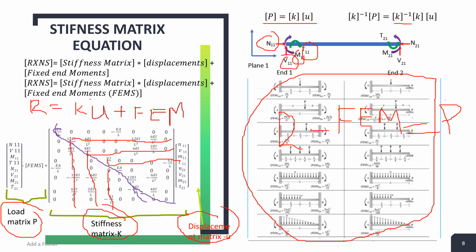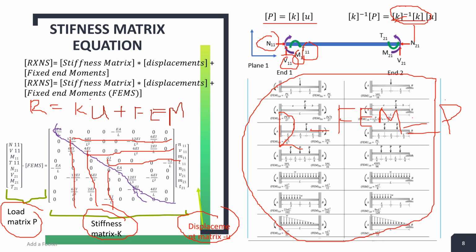When you multiply the stiffness matrix by the inverse, you get the identity matrix I. Then once this is the identity matrix I, you're able to solve for U.